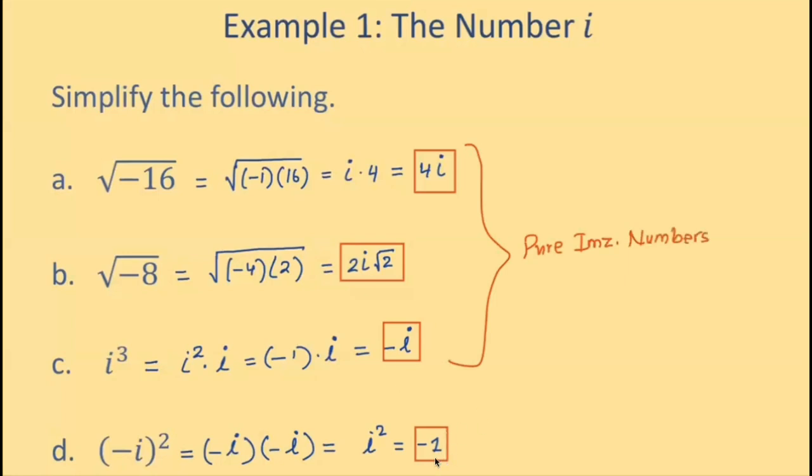But the last one here does not have I in it. If there is no I in the number, this is a real number. First three are imaginary numbers, but the last one is a real number.